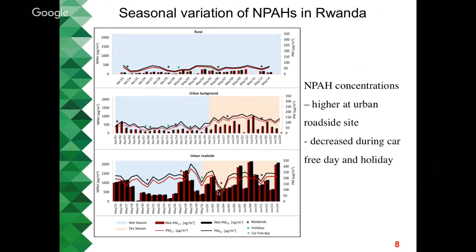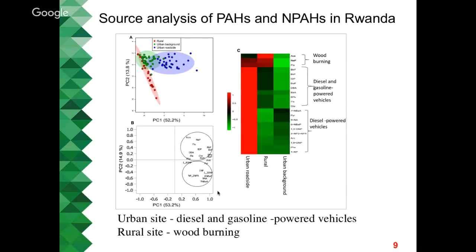So I tried to do a source analysis of where these particulate matter, PAHs and NPAHs came from. I used the diagnostic ratio of NPAH to PAH concentration, because these polycyclic compounds are emitted through combustion. Through the combustion temperature, I know the combustion temperature of diesel, gasoline, and wood burning, so I can easily identify the sources using the diagnostic ratio, and I performed multivariate analysis using principal component analysis.